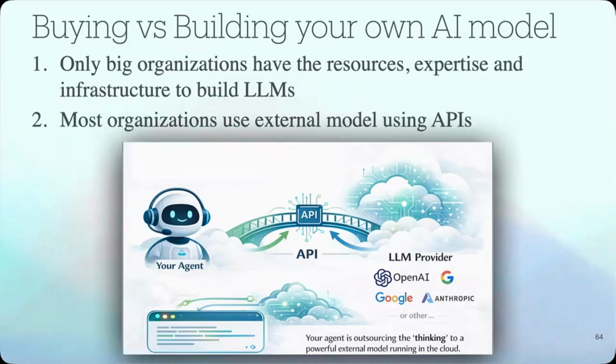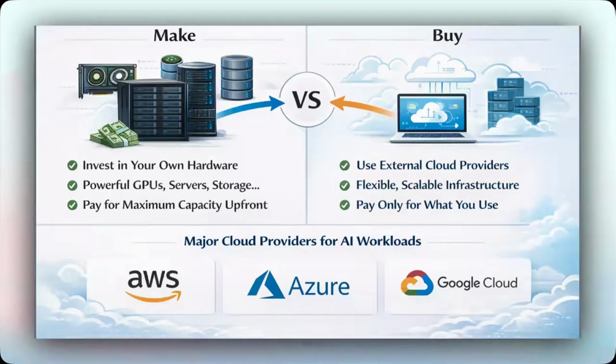Saying that an AI agent needs a lot of compute would be an understatement. As your agent becomes more capable and starts handling more tasks, its compute requirements increase significantly. More reasoning, more tool usage, more requests, all of that translates directly into higher demand for GPUs, memory, and overall infrastructure.